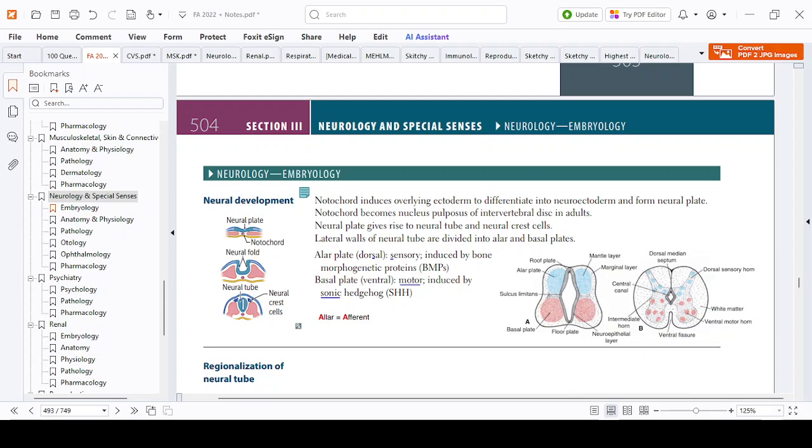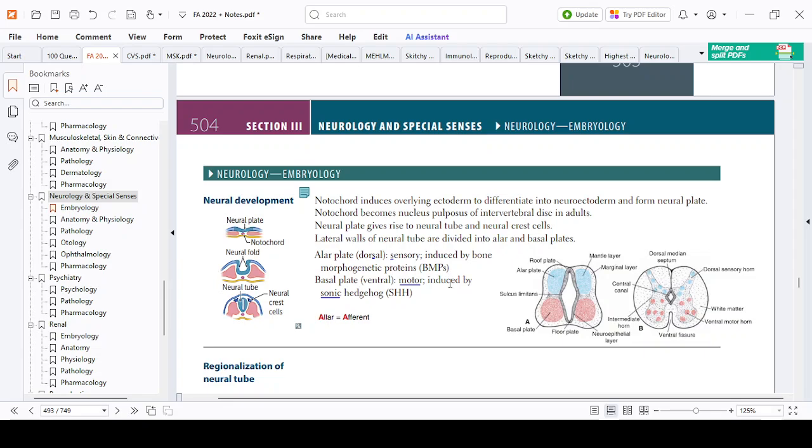So here is one thing more. If you look here, the alar plate, the dorsal one, which is sensory, is induced by the bone morphogenic proteins, BMPs, while the basal plate, the ventral motor one, is induced by the sonic hedgehog protein. All right. These are some of the embryological structures that we must know.